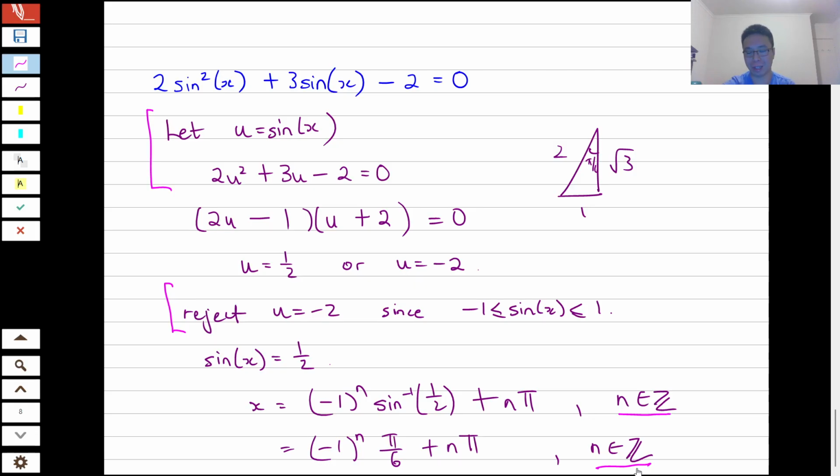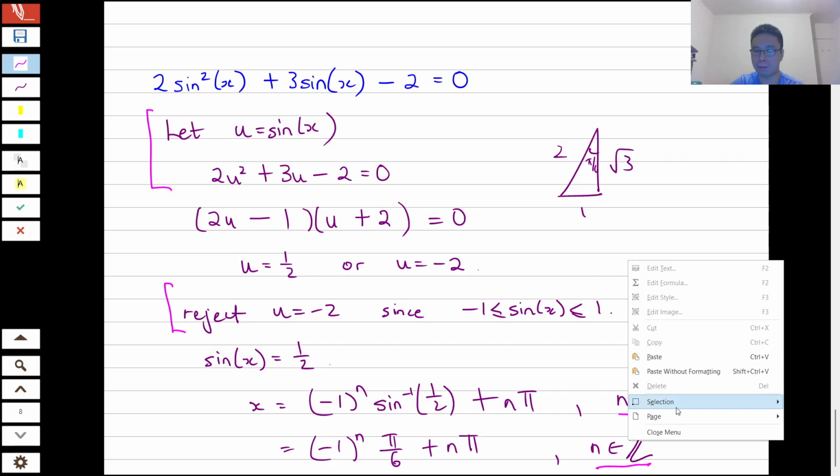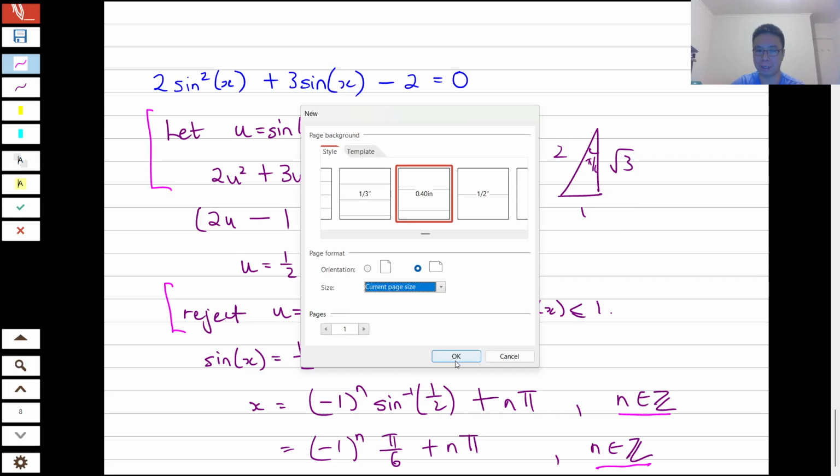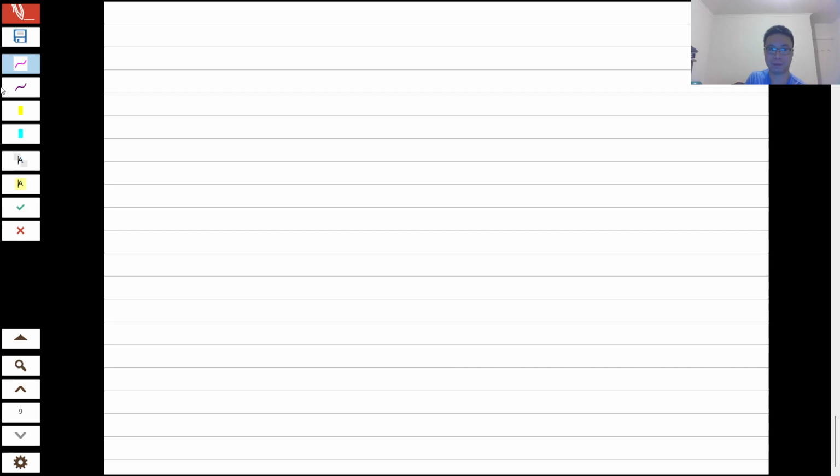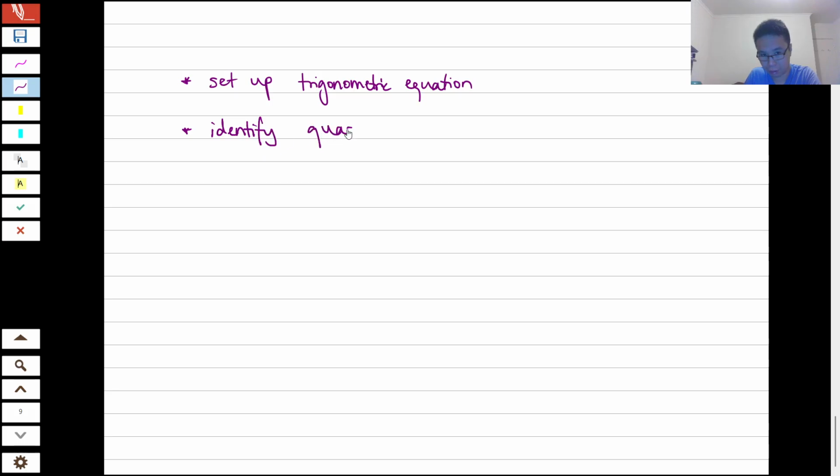Okay, this was a heavy lesson, but if I were to break this down into a very brief summary, here's what I would say. I think these are your steps. So first, you've got to set up a trigonometric equation. Then you've got to identify the quadrants contributing to your solution.